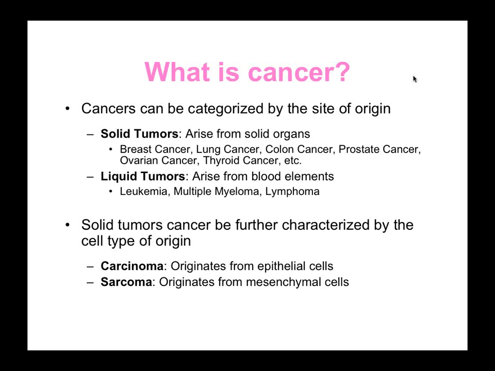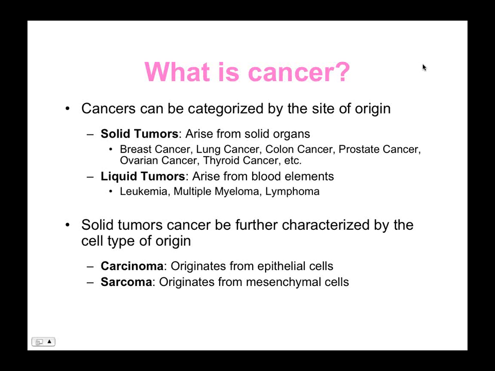Epithelial cells are a very important type of normal cell within the body. They provide the lining to the skin, the internal organs, and the intestinal tract. So carcinoma describes a cancer arising from those kinds of cells.